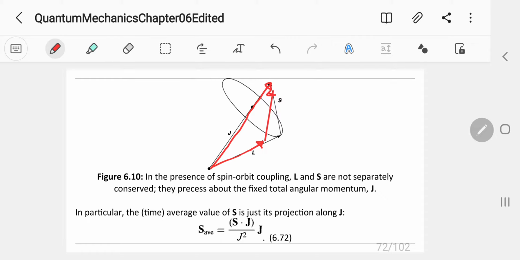It depends, for as long as the total angular momentum J is constant.